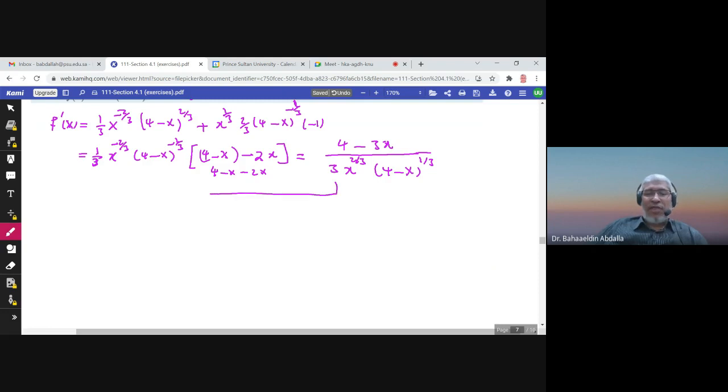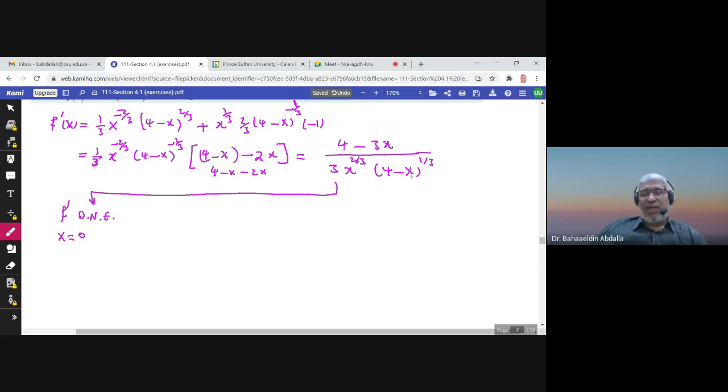And now I search for two things. What are the values of x that make f prime not exist? I look to the denominator. What are the values that make the denominator 0? Well, if you put it equal to 0, then x to the power 2 over 3 equals 0, which means x is 0. So 0 will make the denominator 0.